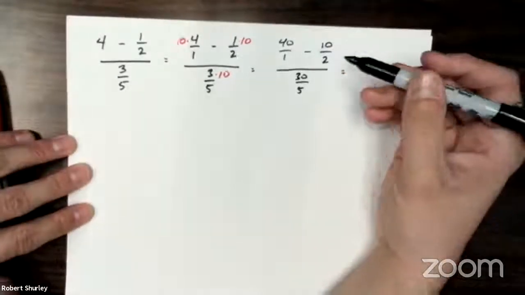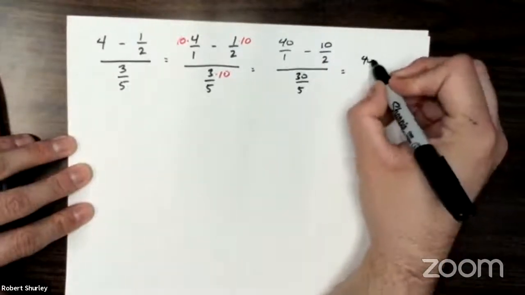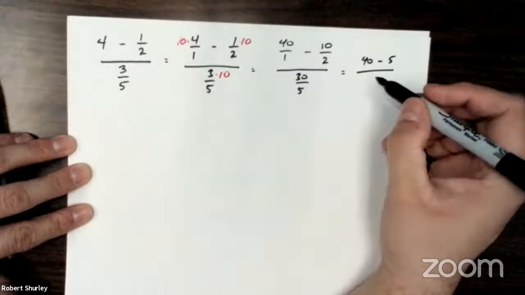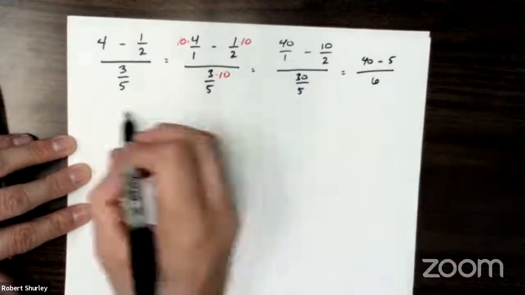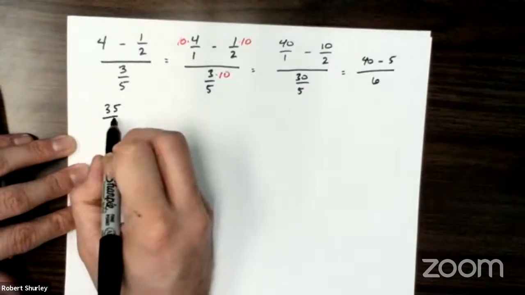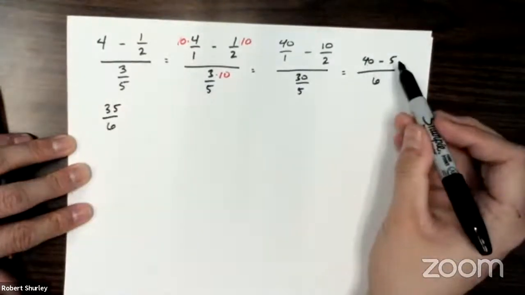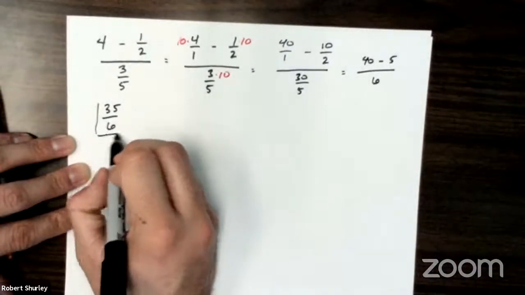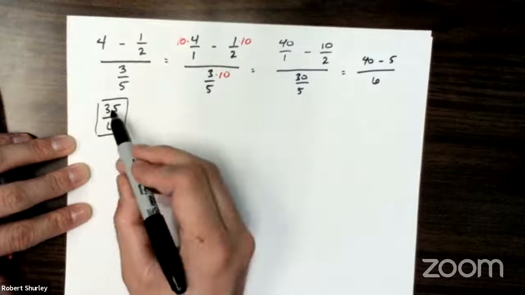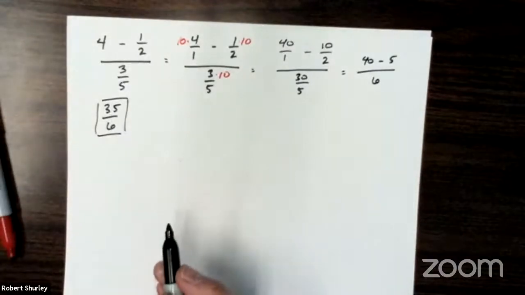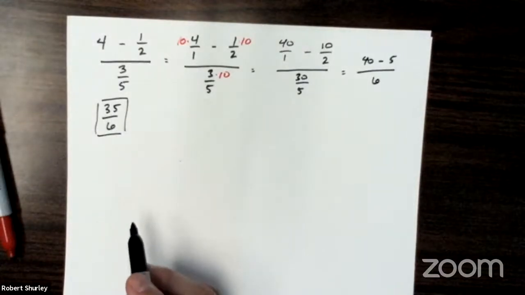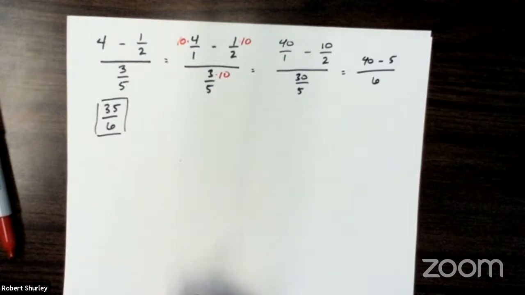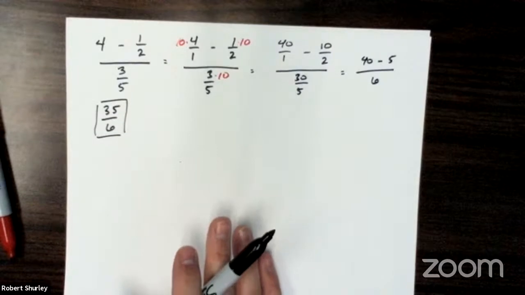So now all three of these should simplify, right? 40 over 1 is just 40, minus 5, 10 divided by 2. 30 divided by 5 is what, 6? So we wind up with 35 over 6, right? 40 minus 5. I think I've done this one right. And again, nothing divides into the top and bottom of 35 and 6. So that's done. It's 35 over 6 for what we're doing today.